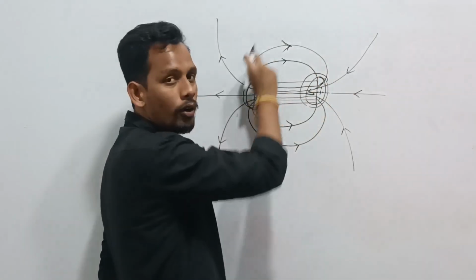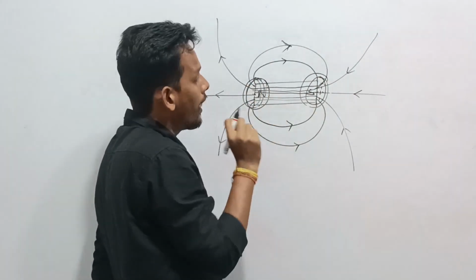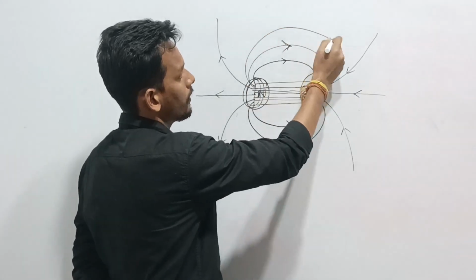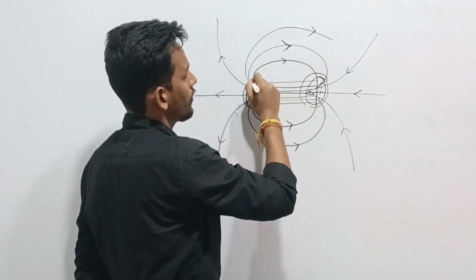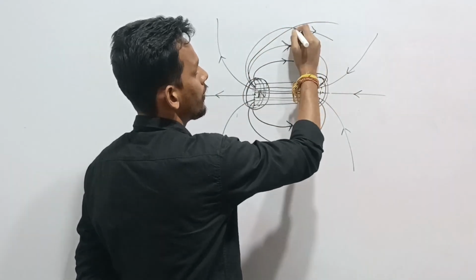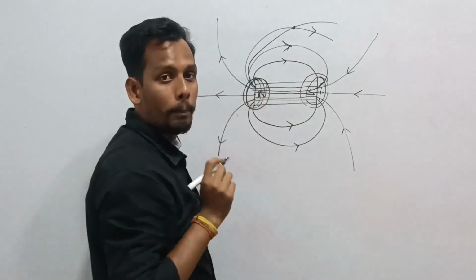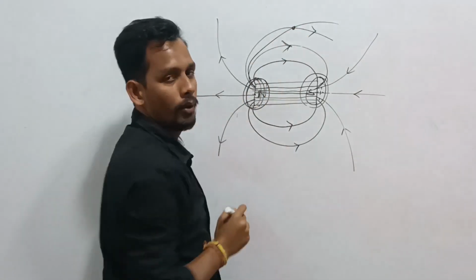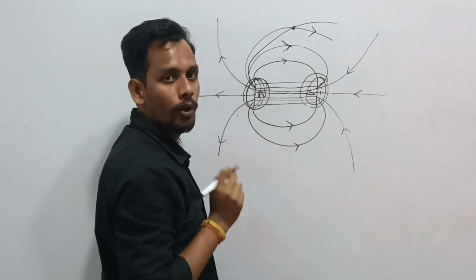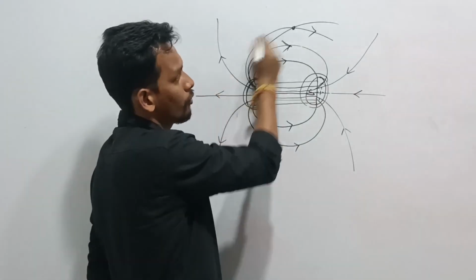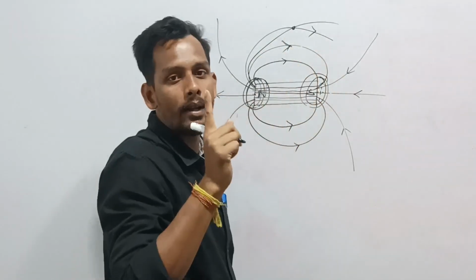It means that they are continuous closed curves. The third point is, say this is one magnetic line, this is another, and say they intersect here. But this is not possible in the case of magnetic field lines. Why? Magnetic field lines always show a direction from north to south, that means only one direction.